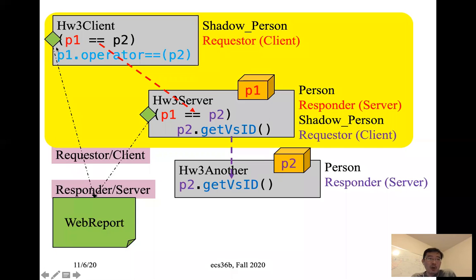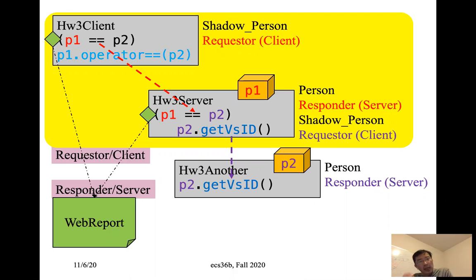So essentially, web report itself is a service, and the web report server is a service provider, and any program trying to report is a client. In this case, the HW3 client is a client toward web report. And similarly, the HW3 server, when it reports, is also a client.